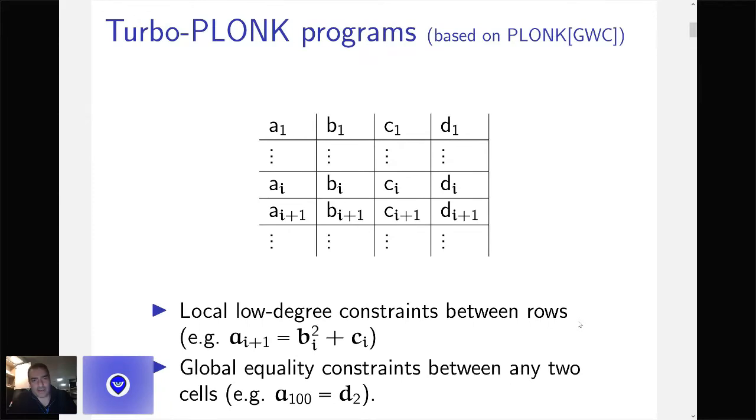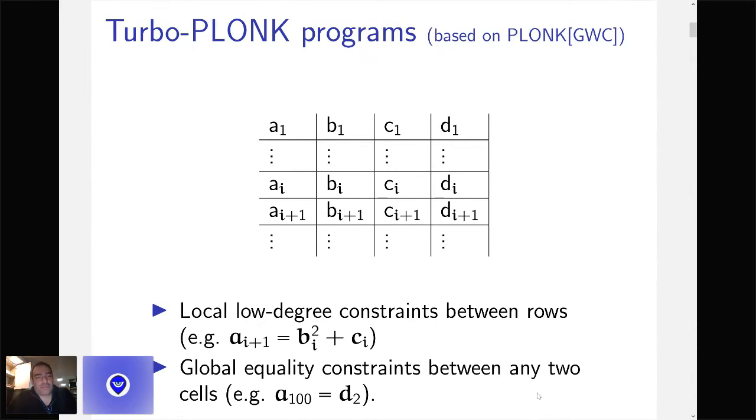And this is like an execution trace of a program where how the program executes or verifies is that we can apply some local low degree constraint between the rows, right? So for example, for each row, we can check that the next A is the previous B squared plus the previous C.